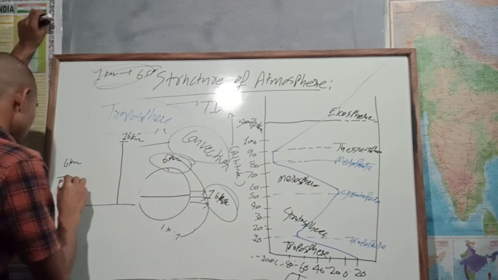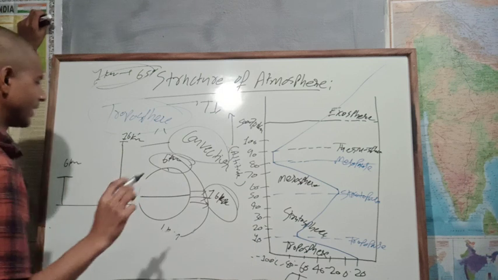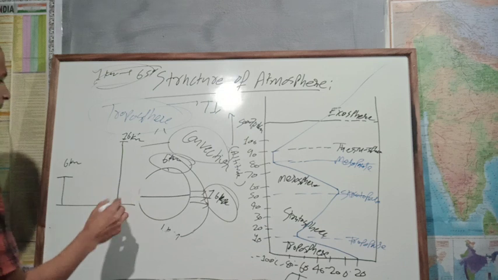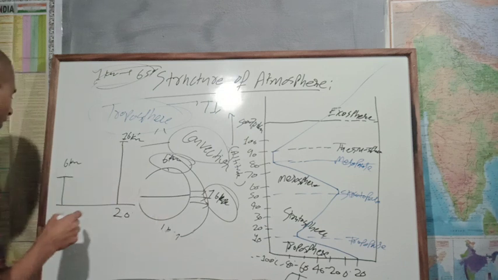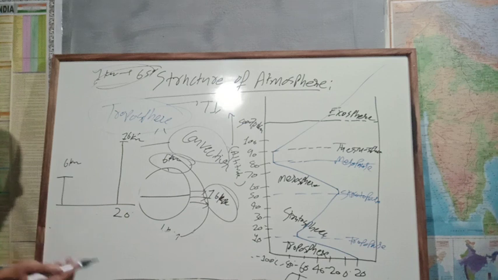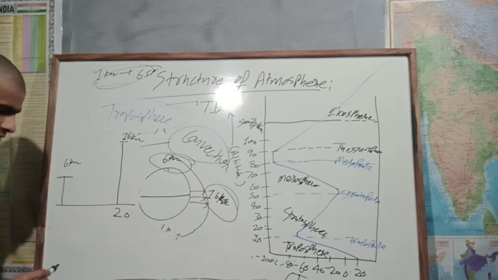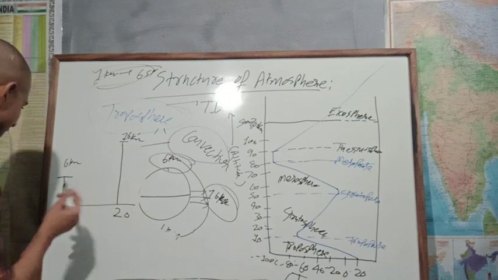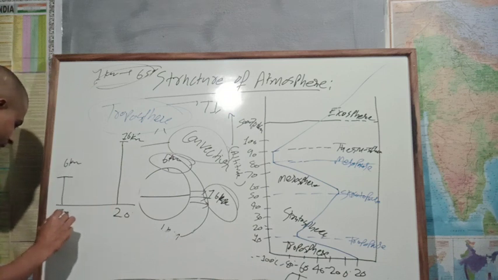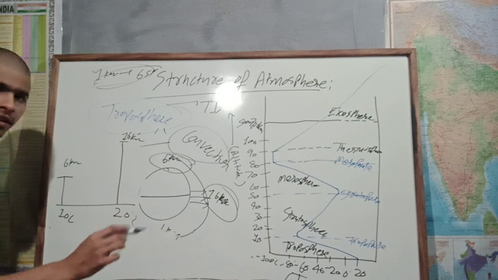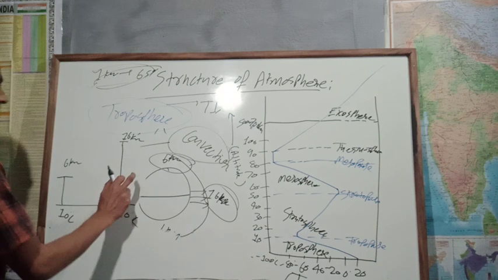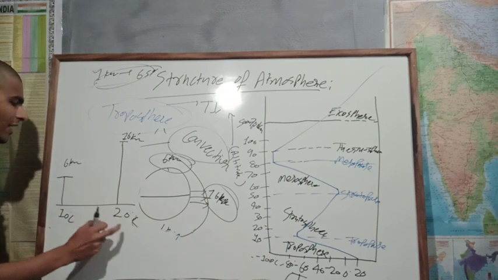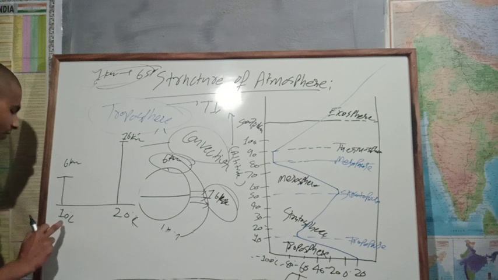And let's say initially the temperature here is 20 degrees, and here, let's say 10 degrees Celsius. Is it visible? So this is the equator and this is the pole. Here the temperature is 20 degrees Celsius. Here it is 10 degrees Celsius.